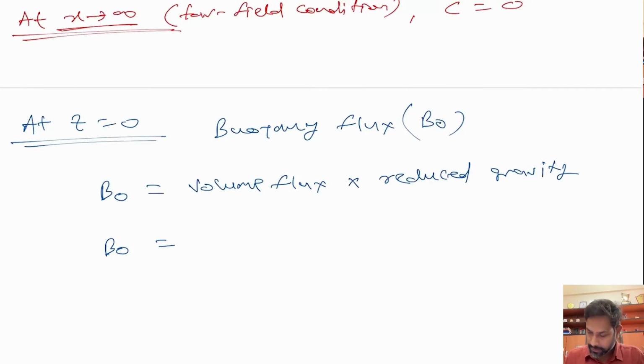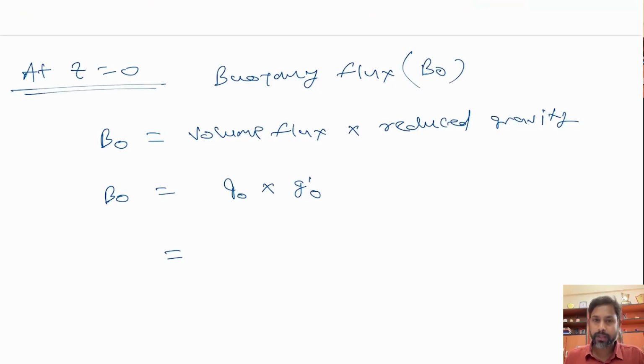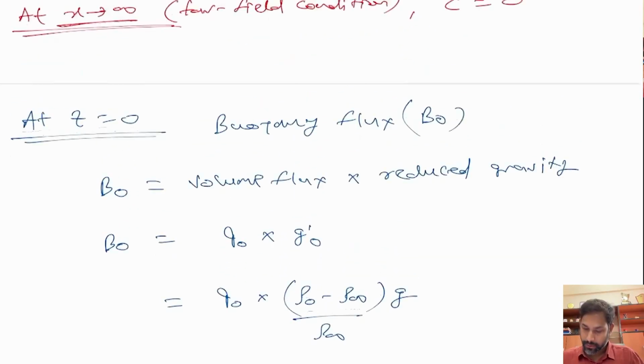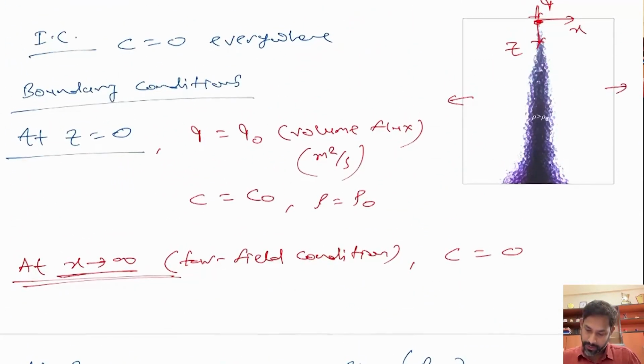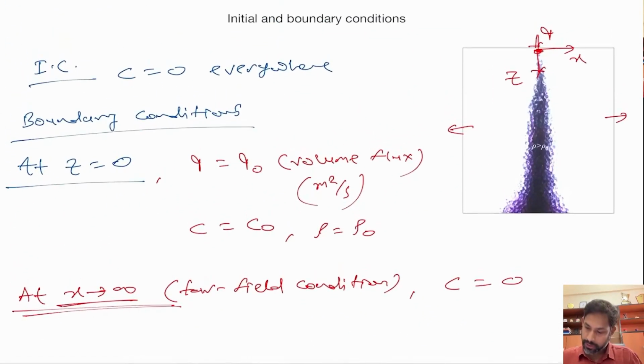So here we can define it as Q naught times g prime naught. And how can we define g prime naught? Rho naught minus rho infinity over rho infinity times g, where rho naught is something that we just defined, the source density. So this is Q naught here, this is rho naught and C naught, whereas rho infinity here is the ambient density and C infinity is equal to 0.